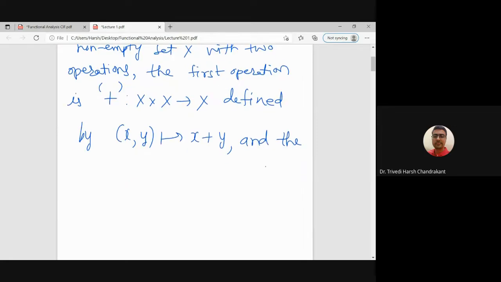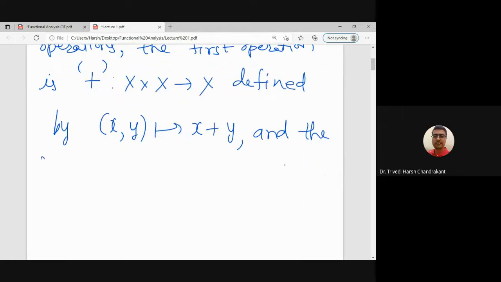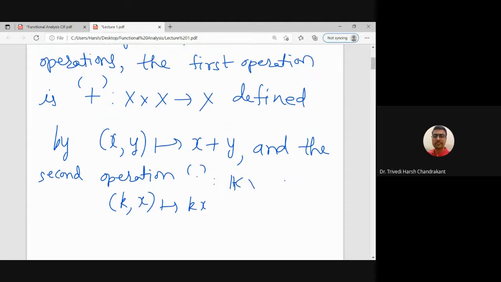And the second operation, that also we know, is scalar multiplication. So that is a map from K cross X to X, and it is defined this way, right?